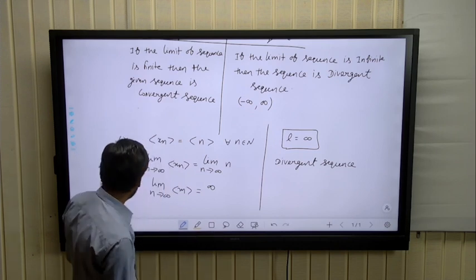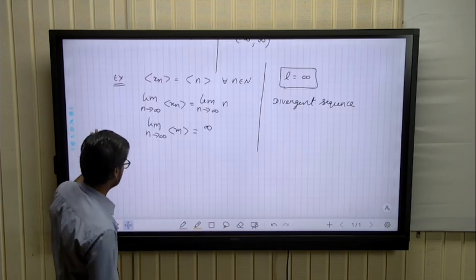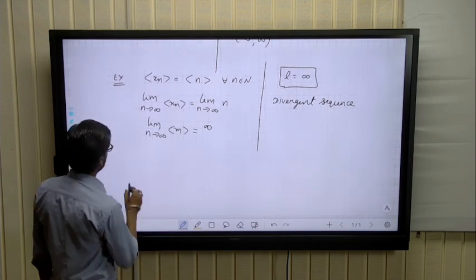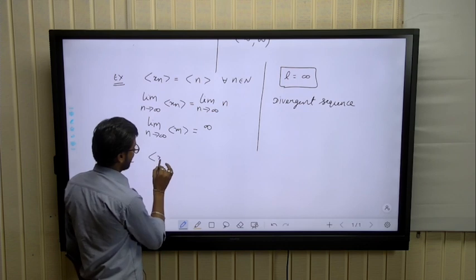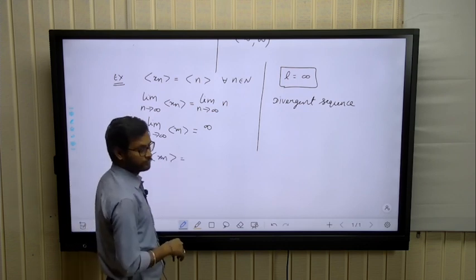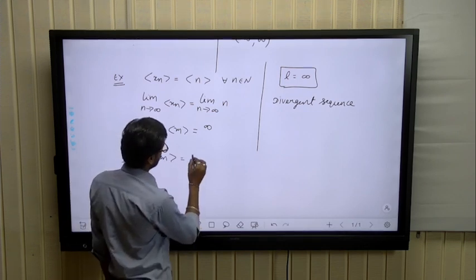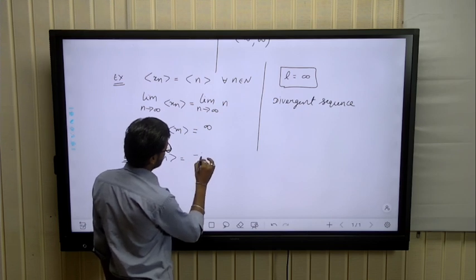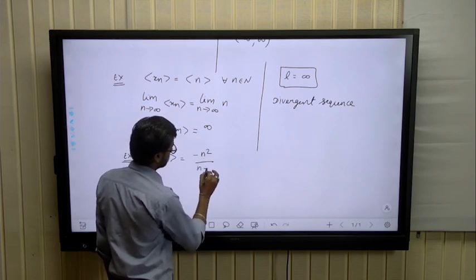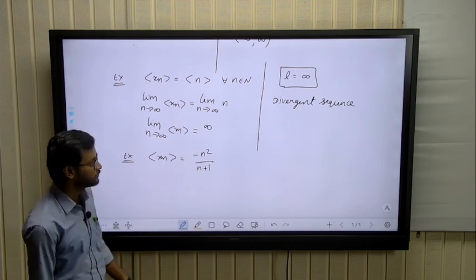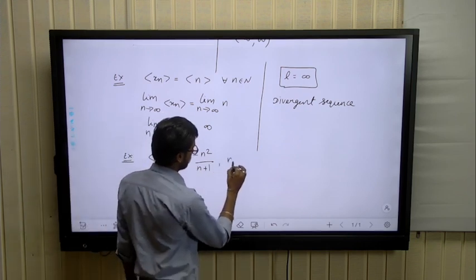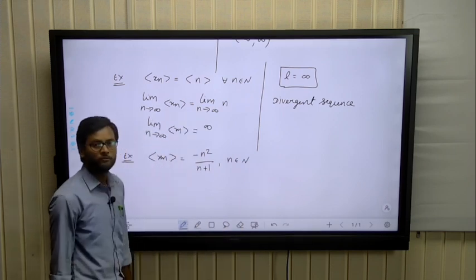Okay, now I give the second example. Suppose that a sequence xn is equal to minus n square upon n plus 1, where n comes from the natural numbers.